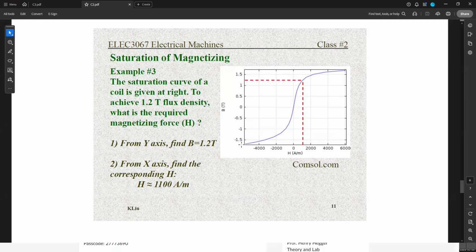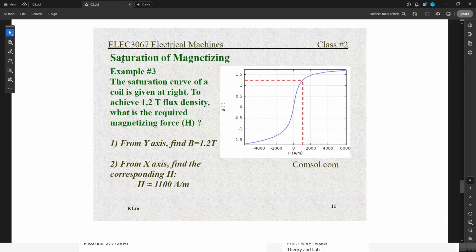Well, maybe we can. All right, so here is the magnetizing strength, and here is the magnetic flux, or the magnetization, or the strength of the magnetic field. This is a curve of the behavior of a certain magnetic or ferric core, a certain material.